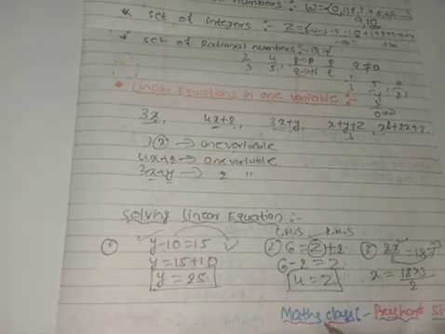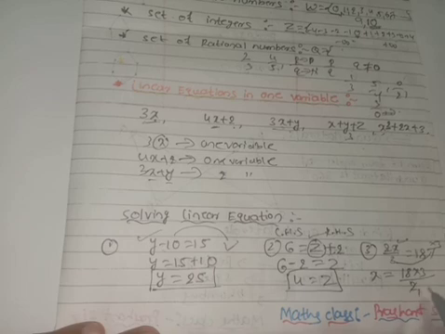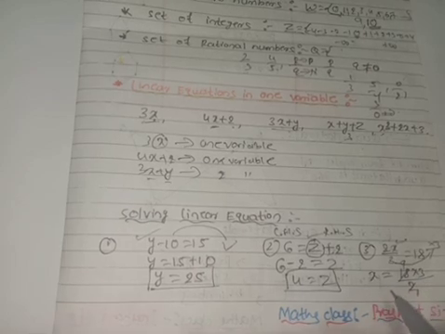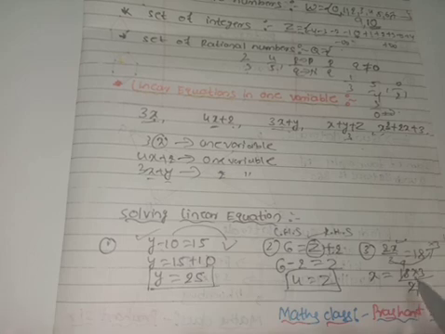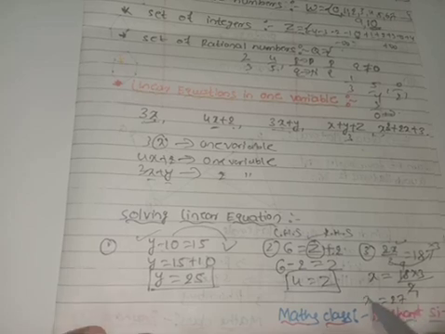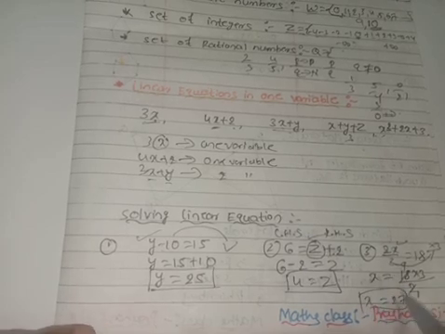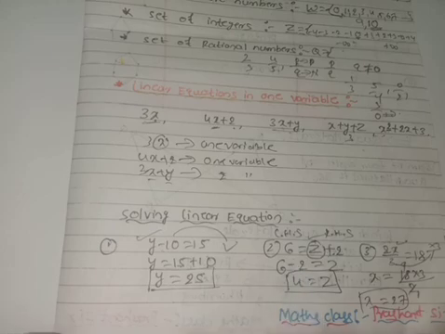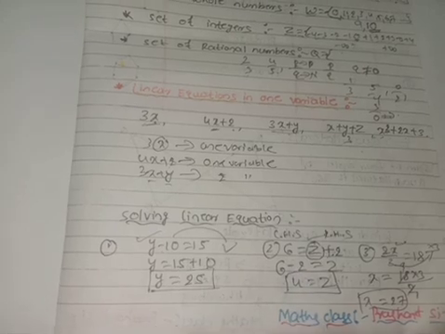Divided value. Means 2 ones are 2, 2 nines are 18, and 9 threes are what here? 27. So this is what we have to find out: solving a linear equation in one variable.